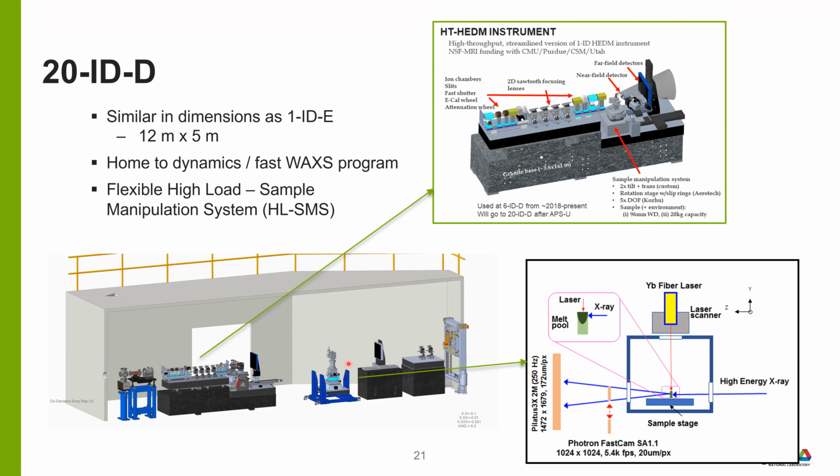And the downstream end will be home to this dynamic or fast WAXS program, where we will have a high load sample manipulation system to house various types of instruments that are built for high energy X-ray techniques and something that will provide some dynamics, such as AM chambers. So we'll have that program there, and hopefully we'll get this built very soon. Construction takes time.